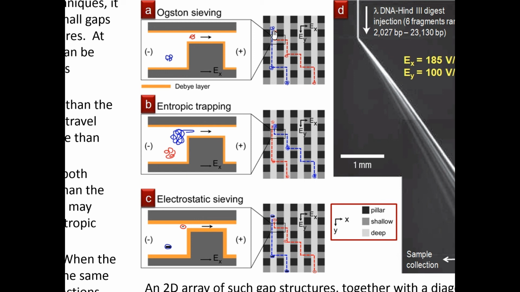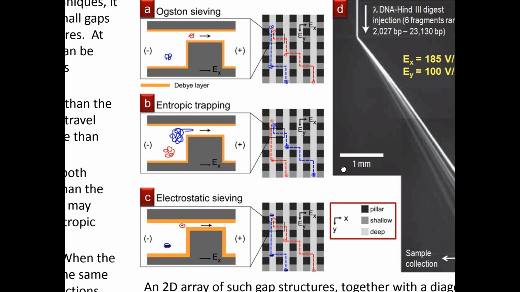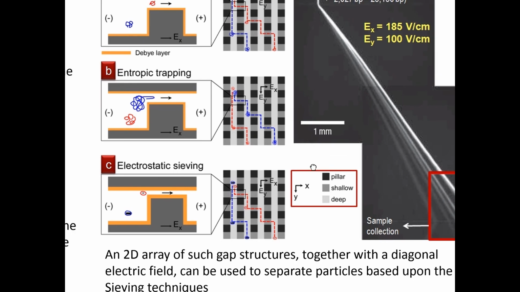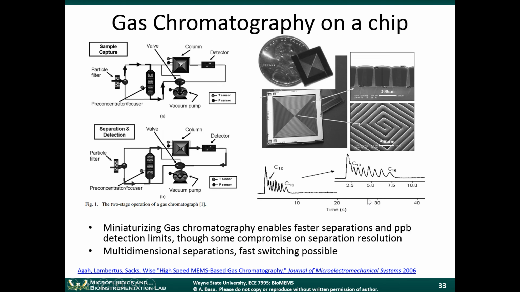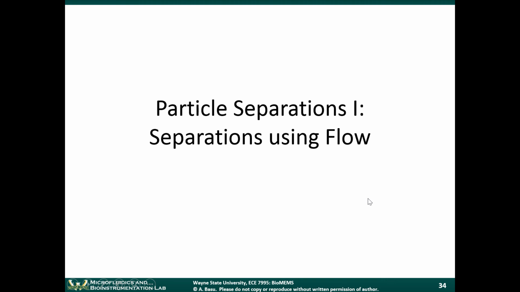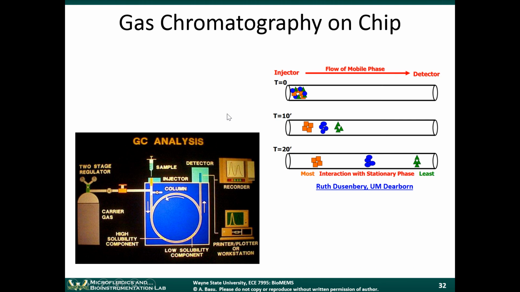In order for this red molecule to traverse through the nanoscale structure, it has to undergo one of these sieving mechanisms. Over time, the molecules that are able to make it through those nanoscale structures will move to the right, while the molecules less likely to will go more straight like this. So, an interesting technique.